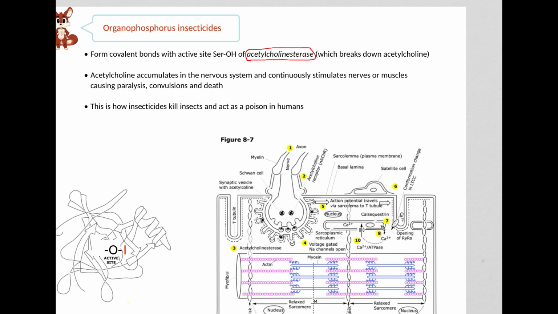At the active site of the enzyme, there is a hydroxyl group that belongs to serine, and this inhibitor will come and covalently bind to the serine hydroxyl group, and that would basically kill the enzyme.